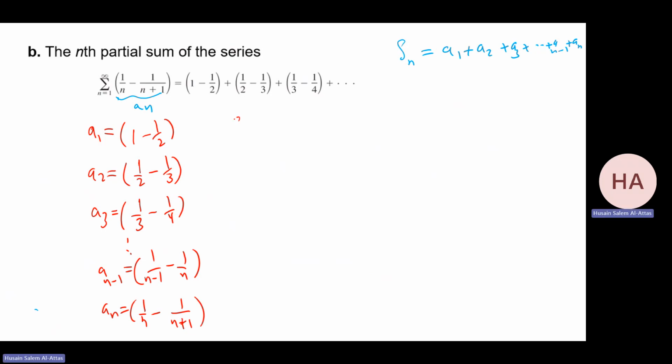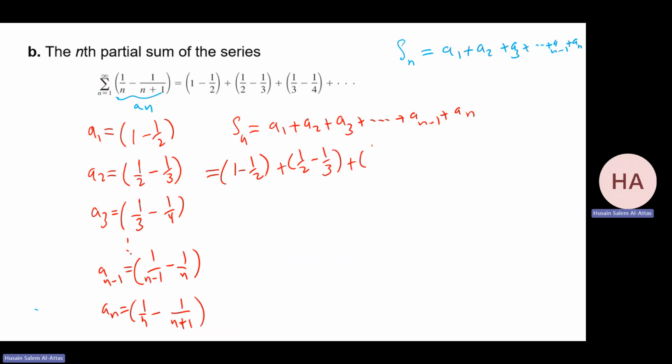So what will be Sn? Sn will be a1 plus a2 plus a3 plus ... plus a(n minus 1) plus an. Let us see what will happen. a1, 1 minus half. a2, half minus 1 over 3. a3, 1 over 3 minus 1 over 4, up to a(n minus 1), 1 over n minus 1 minus 1 over n, and an, 1 over n minus 1 over n plus 1.